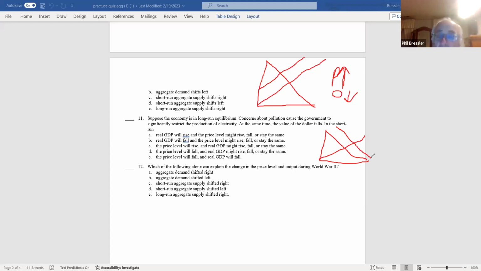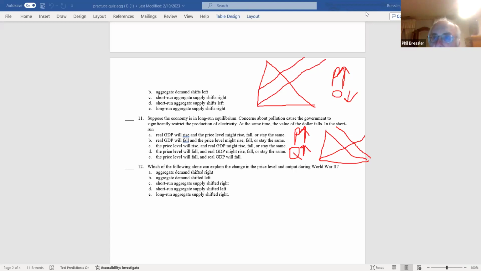You do not have to know about the value of the dollar, quite honestly, on the practice. So price up, quantity up. What do I know? I know price is going up here, right? I'm not sure about quantity. It could be indeterminate. So I'm going to look: price level will rise, C, and real GDP might rise, fall, or stay the same. C as in Caroline.